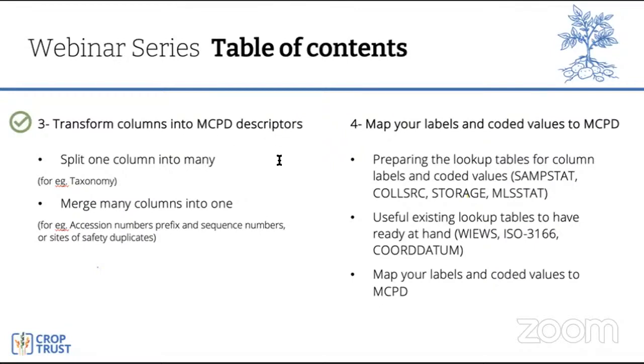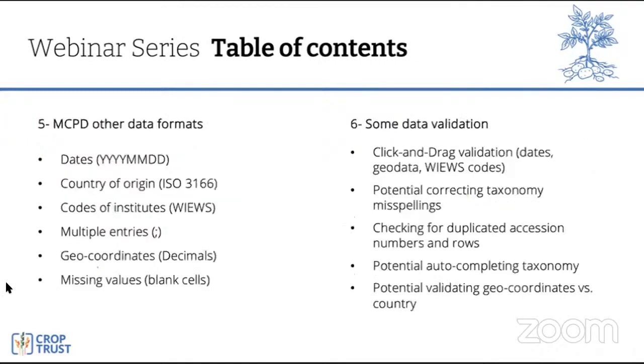What we would do today is map the labels and coded values to MCPD. We would also address some data formats for the values that are not coded, such as dates, countries of origin, institute codes, how do we handle multiple entries, geocoordinates, and missing values. And if time permits, we would go through data validation.